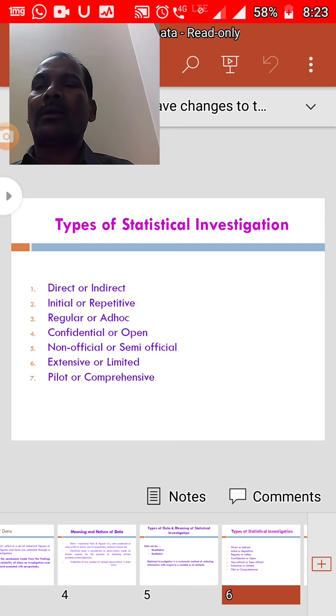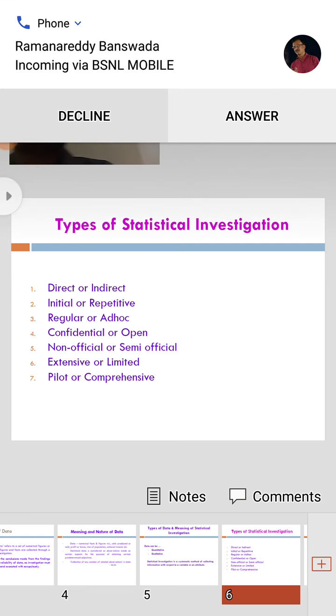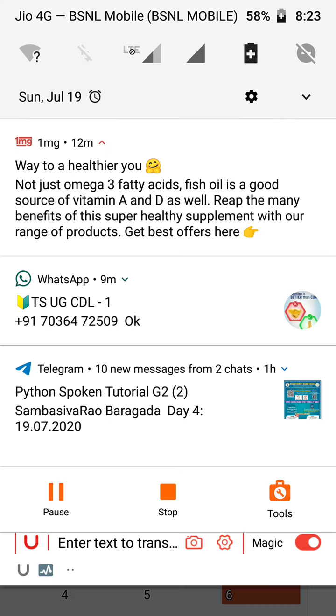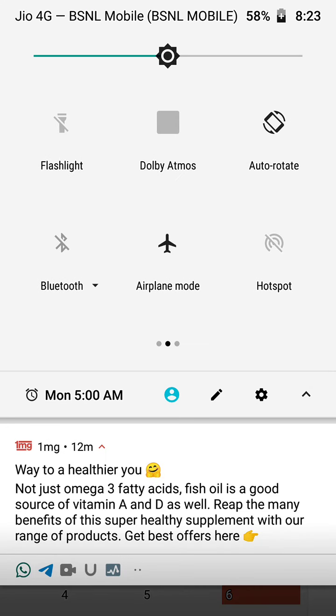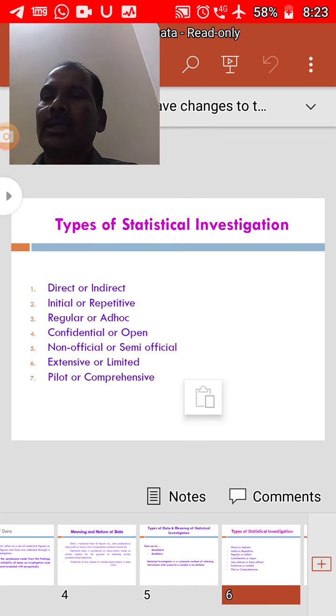On the other hand, non-official investigations are conducted by agencies other than government and will have limited scope due to problems related to extracting data and availability of resources.